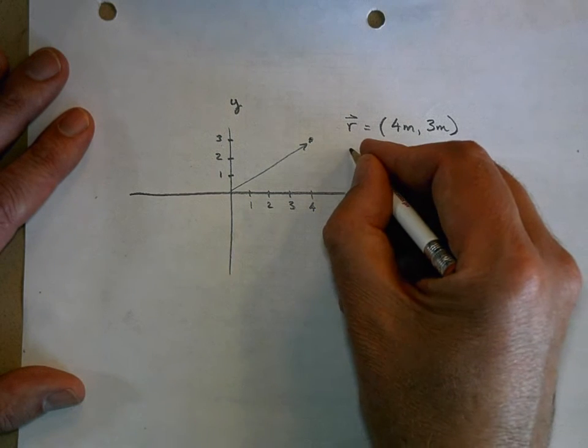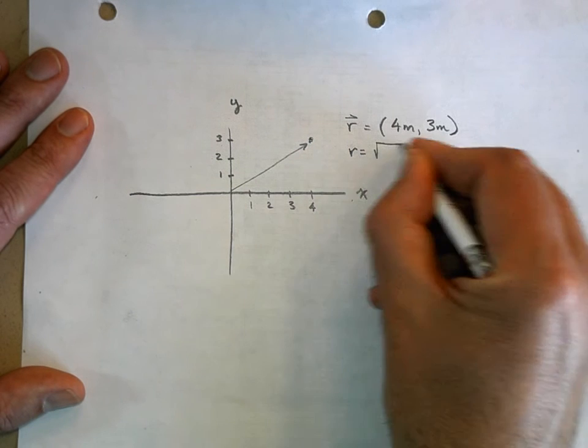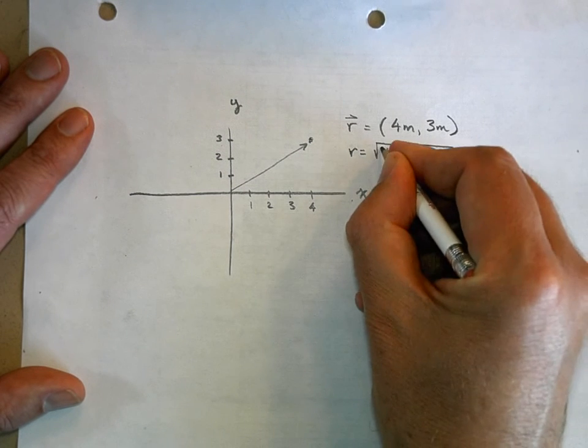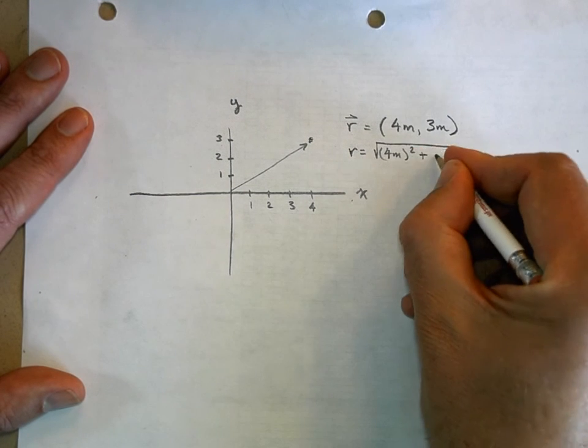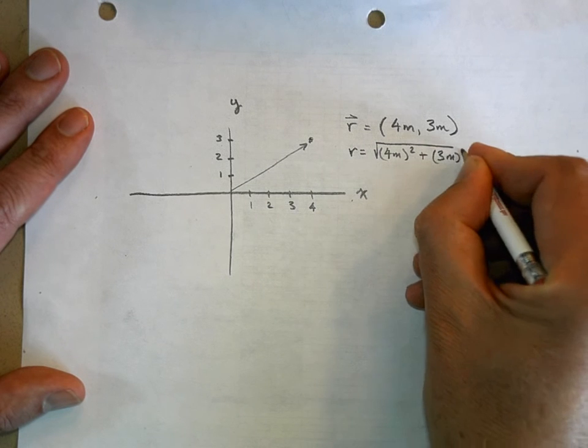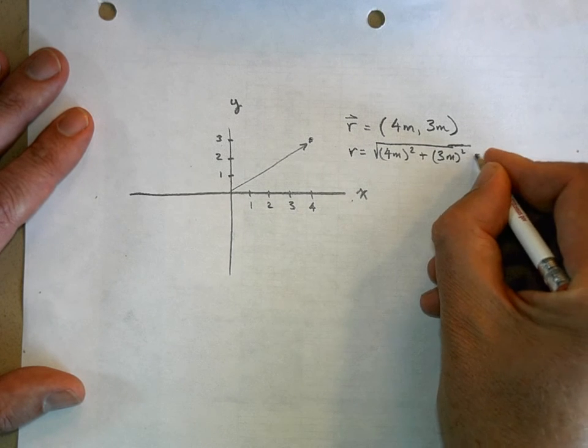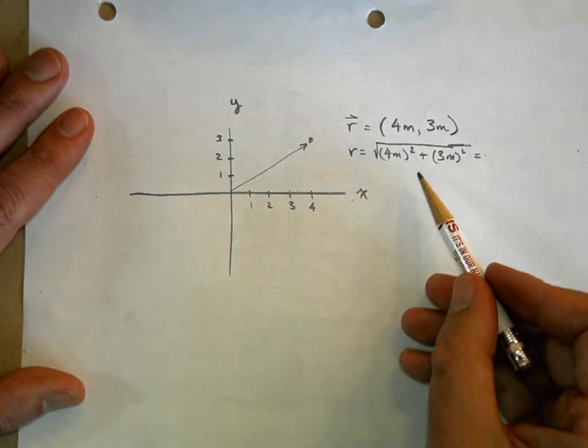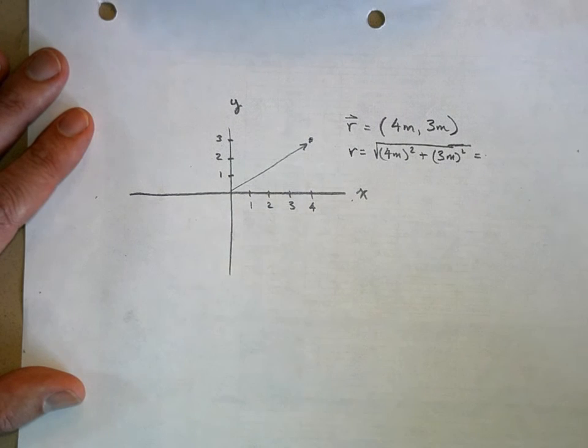Well, the magnitude is easy. R is equal to the square root of 4 meters squared, that is the x component squared, plus the y component squared. And of course, all physics teachers and math teachers like to use 3 and 4 because what do you get? You get 5, right?